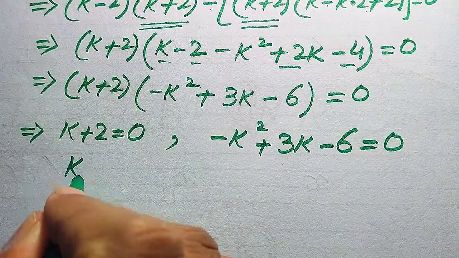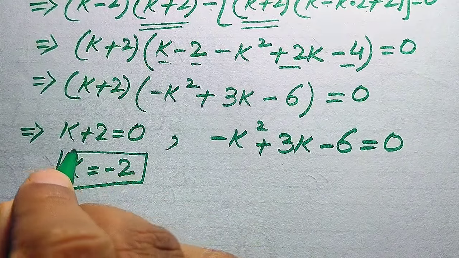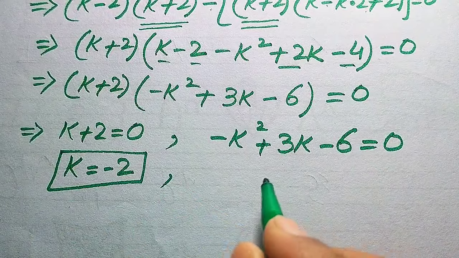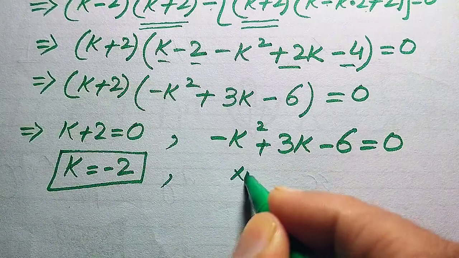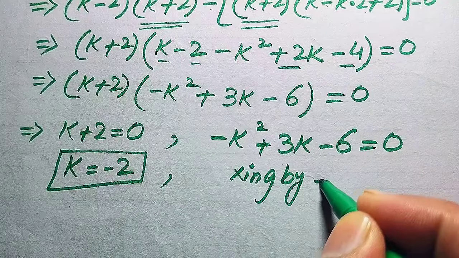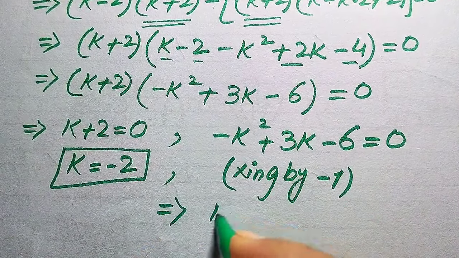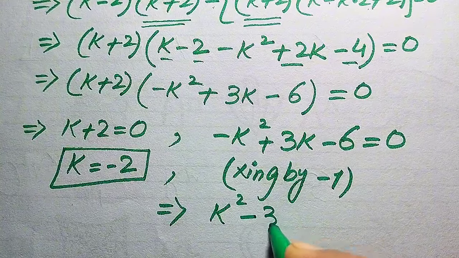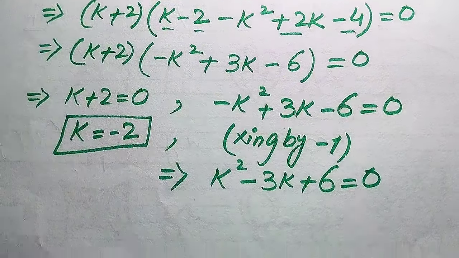So from the first case we easily get the first root of the given equation, and that is k equals minus 2. And from the second case we need to write this into the standard form, and for this we multiply both sides by minus 1. So when we multiply each of these terms by minus 1, it will be written as k square minus 3k plus 6 equals 0.